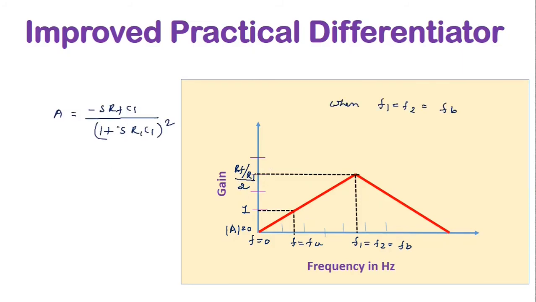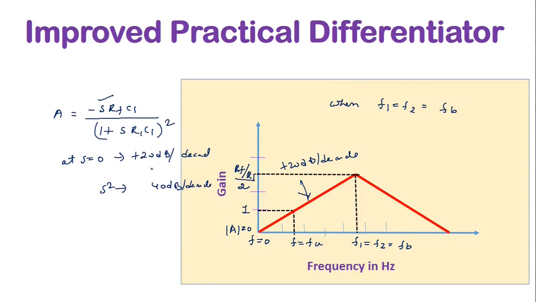This is the equation of the gain when frequency f1 is equal to f2 is equal to fb we are taking. Then here we can see that the initial slope of the line, because of this zero at S is equal to 0, will be plus 20 dB per decade. So the slope of this line will be plus 20 dB per decade. We have two poles.